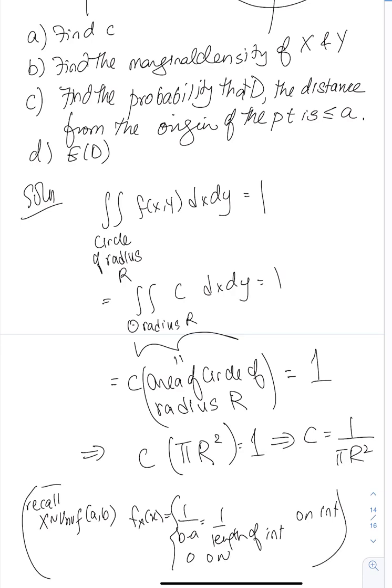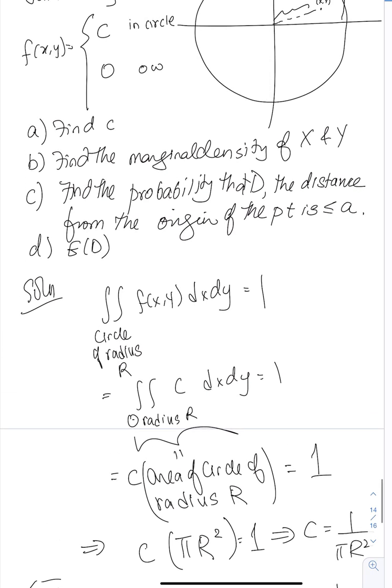You remember this? It's the same over here. You have a random variable that's uniform on a certain region. On that region, the density is 1 over the area, and outside of that region, it is 0.